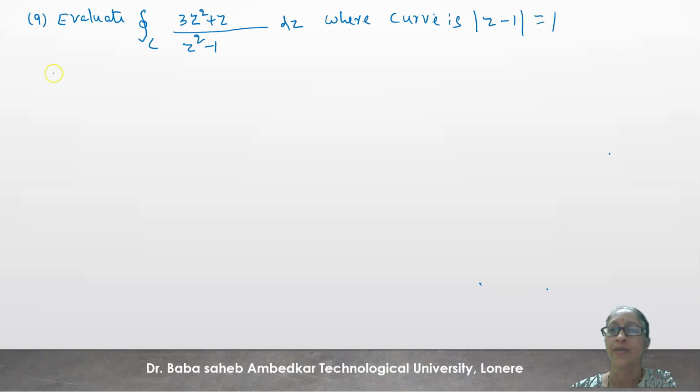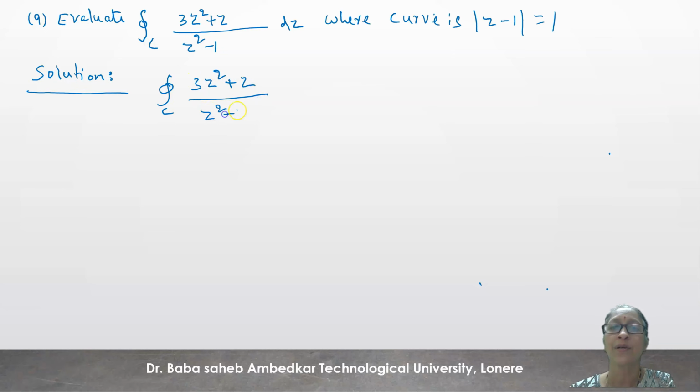So here in this solution, first let us find poles. How do you find poles? By equating the denominator to 0, we can get poles or singular points.